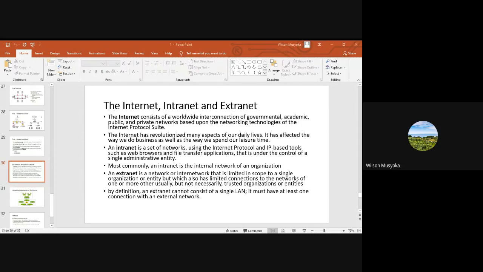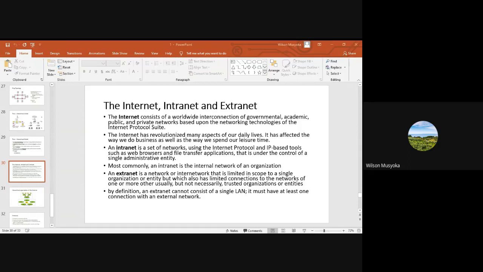I have said that an intranet will be just a single organizational network, which has resources, maybe files or whatever information is stored there, that can be accessed remotely, but via authentication, that is by individuals.